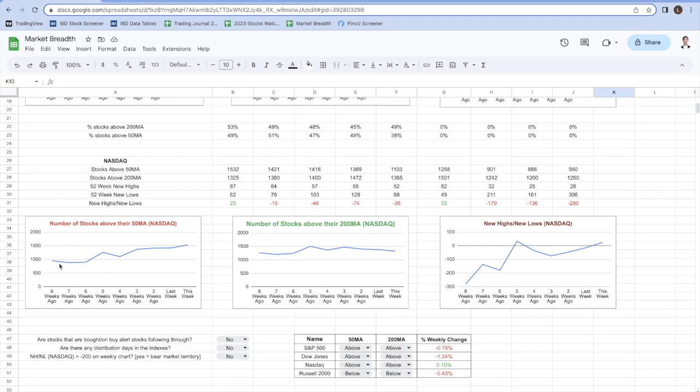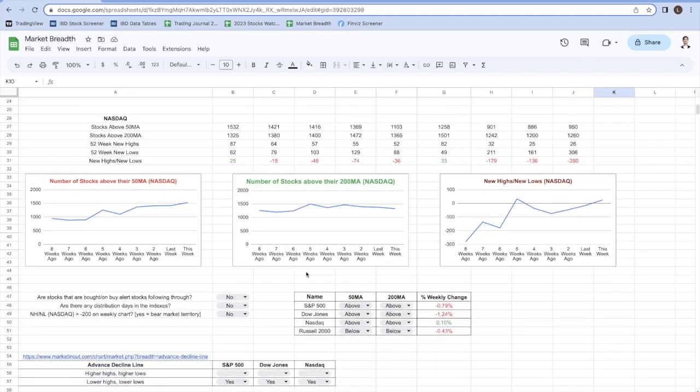You see over here, for the 50-day moving average, it has been generally increasing throughout the past 8 weeks or so, or 2 months. For the 200-day moving average, the number of stocks above it is actually trading sideways. And for the new highs, new lows, generally it has been increasing. That's a positive sign that we want to continue to see on the Nasdaq.